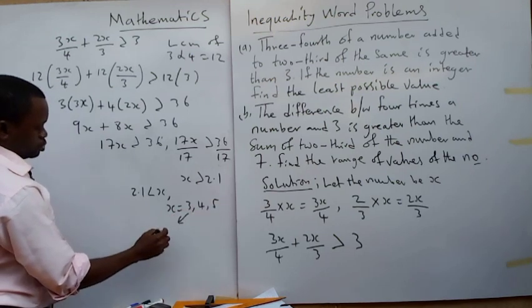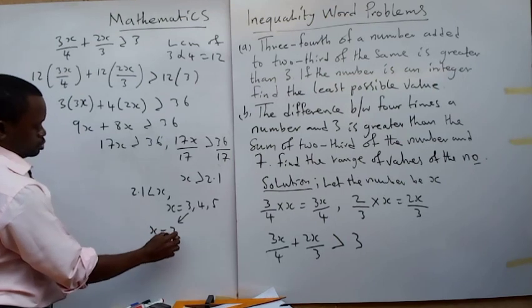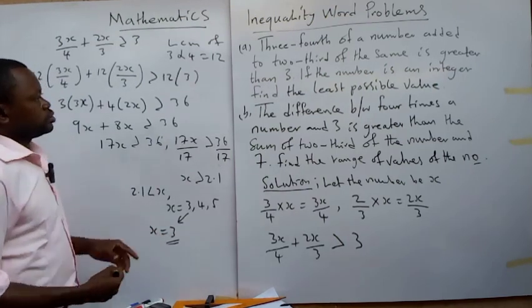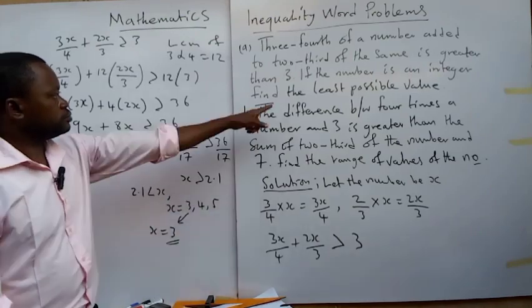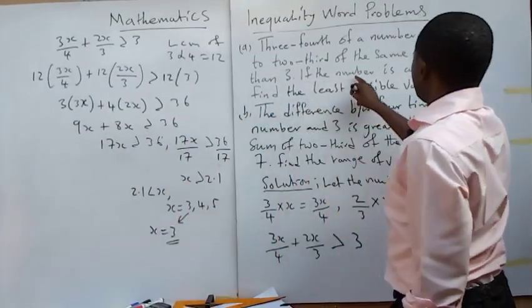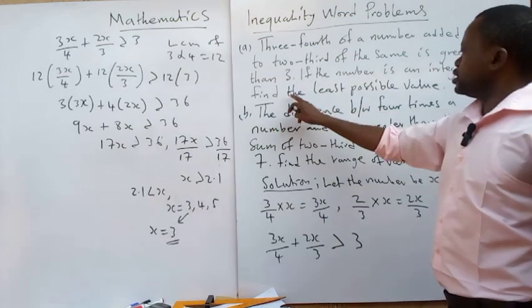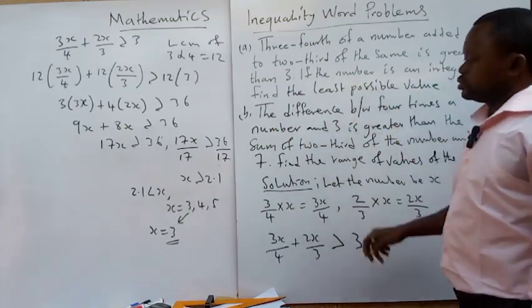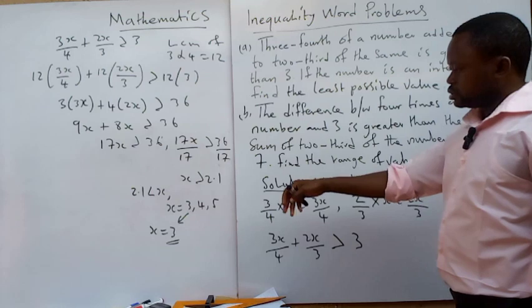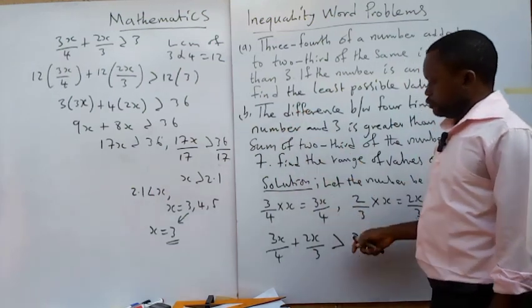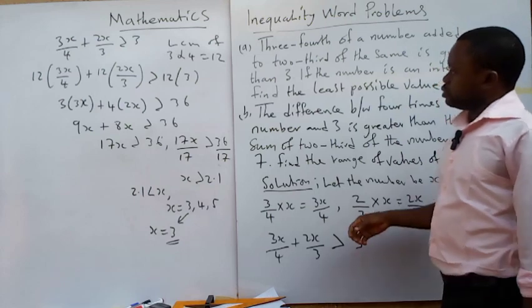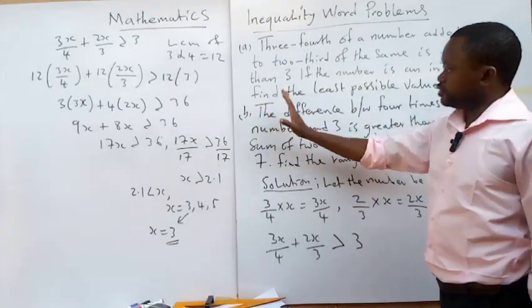So x is 3, because they say if the number is an integer, find the least possible value of that number. So that number should be 3. This is how you can handle a problem like this. I'm sure that explanation is very clear.